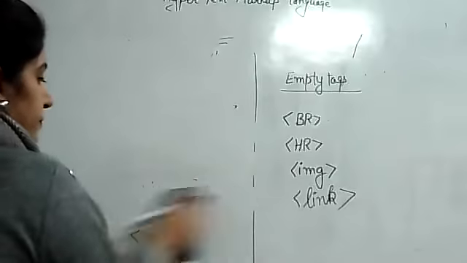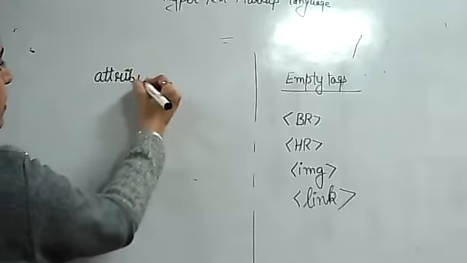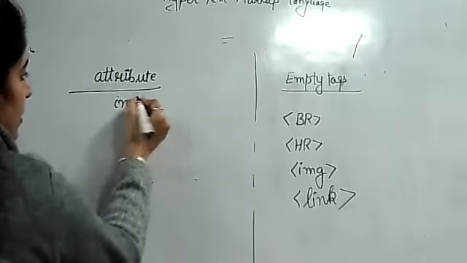Okay. Now the next is, अभी हमने बात करी कि हमारे पास कुछ टैग है, right? Now there is one word that is called attribute. Attribute means the word to be written inside the tag.